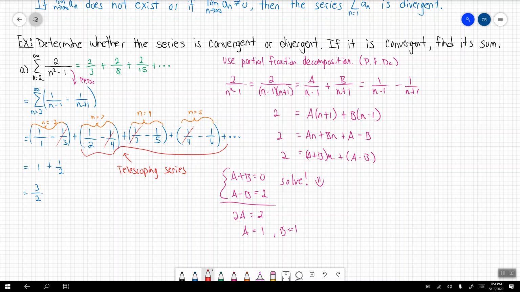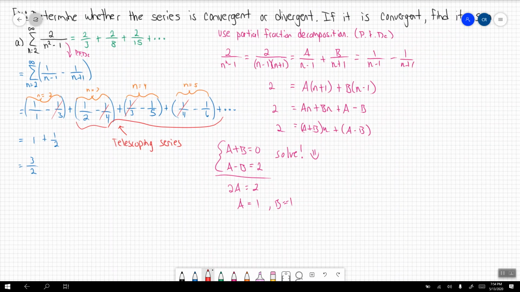So if you're trying to use different tests, different methods to see whether a series is convergent or not, give it a shot. See if it's convergent, see if it's divergent, and see if you're able to determine whether it is going to be telescoping. If it's going to be telescoping, great. Then you'll be able to figure something out. All right, so let's look at this one here.